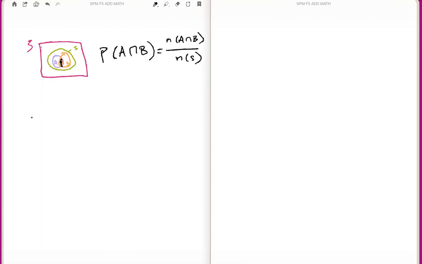And the possibility of A and B is equal to the possibility of A times the possibility of B. Okay, we should be able to prove it.